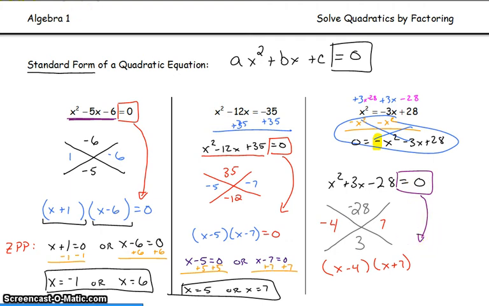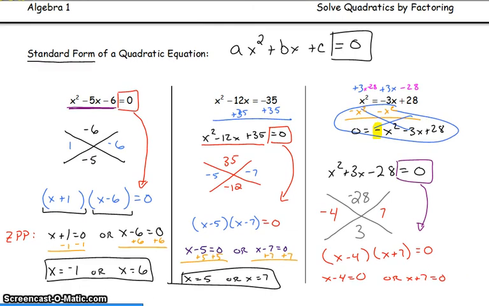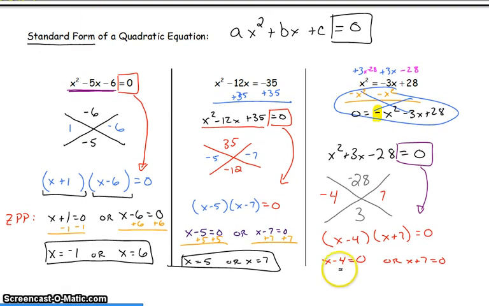I have to bring that down as an equals 0 and use the zero product property. X minus 4 equals 0, or x plus 7 equals 0. Last but not least, solve both. Add 4 to both sides here, subtract 7 from both sides here, and I get x equals 4 or x equals negative 7.